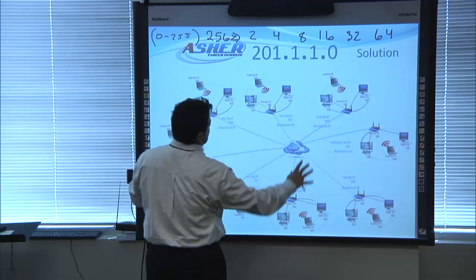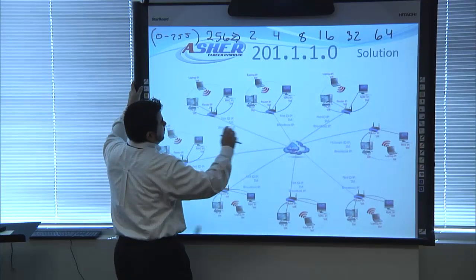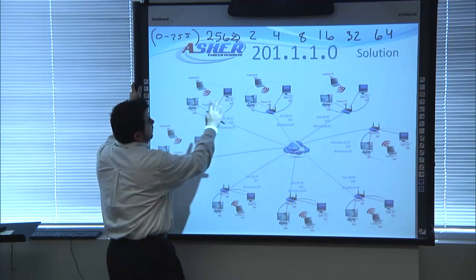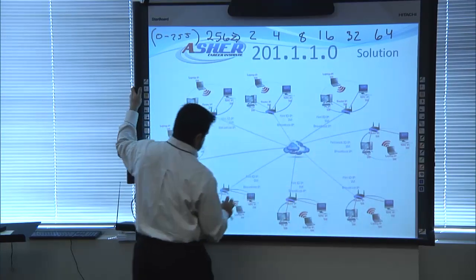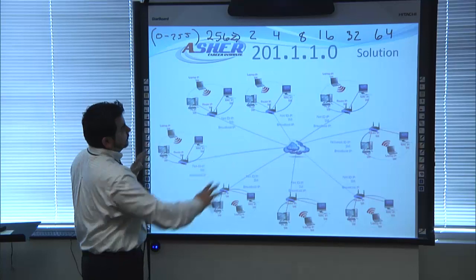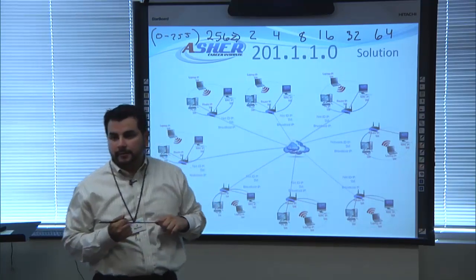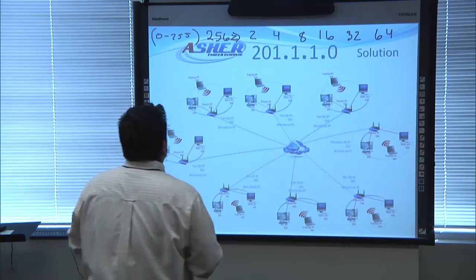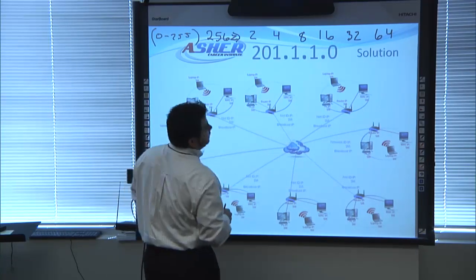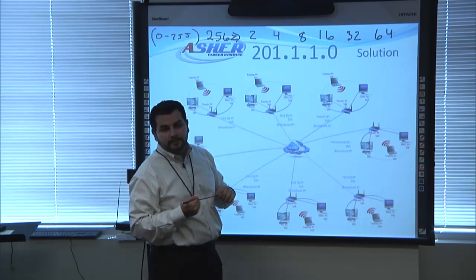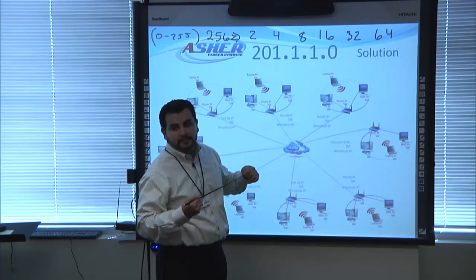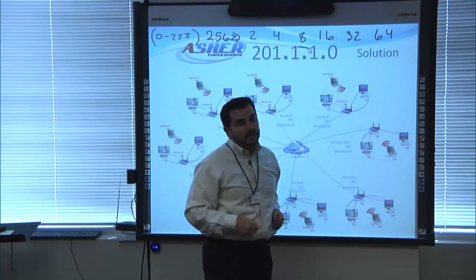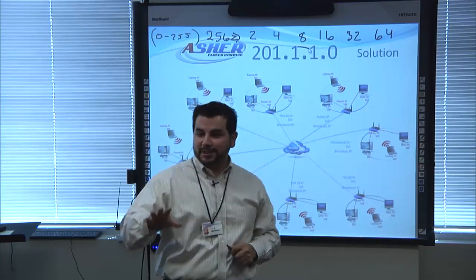If I had this company here, these are all the little branches in this company, and they have 1, 2, 3, 4, 5, 6, 7, 8 total groups, right? They have 8 branch offices. How many would they split it up into? For right now, we're just going to assume 8. Later on, I'm going to say forget that, but right now, we're just going to assume 8.